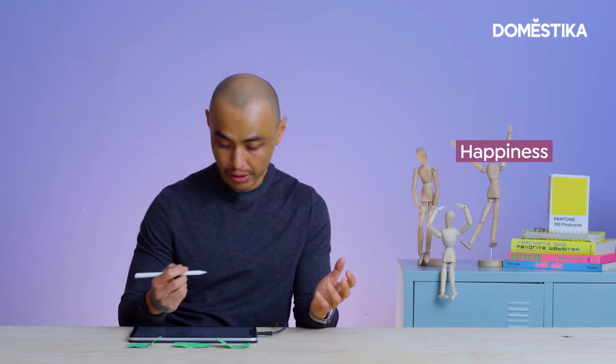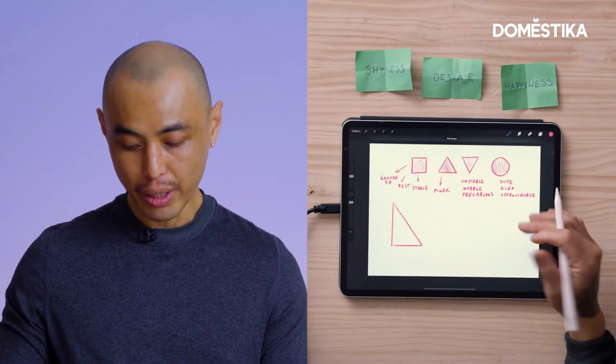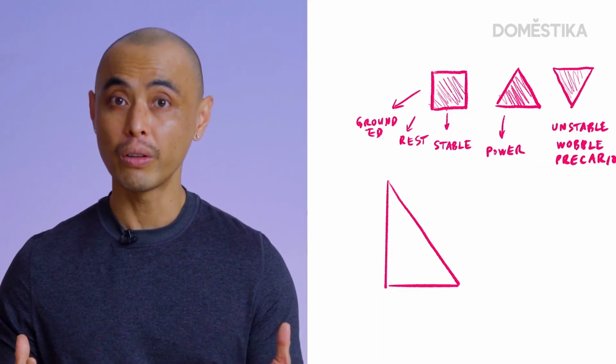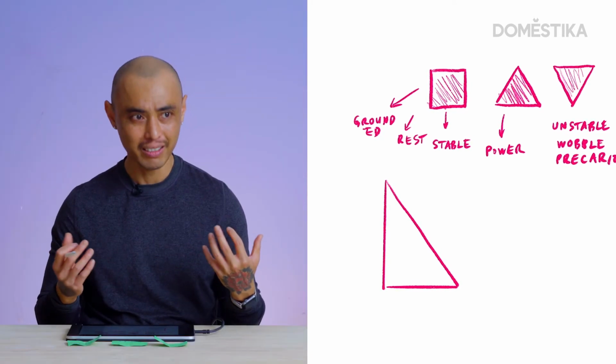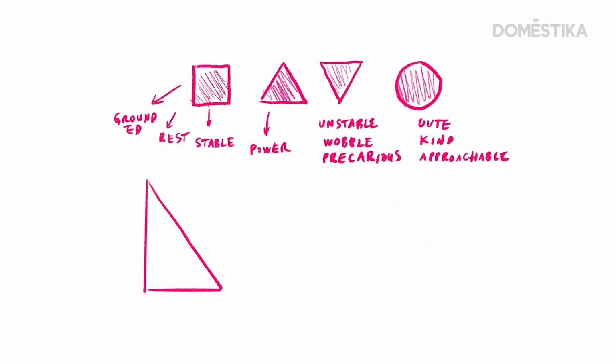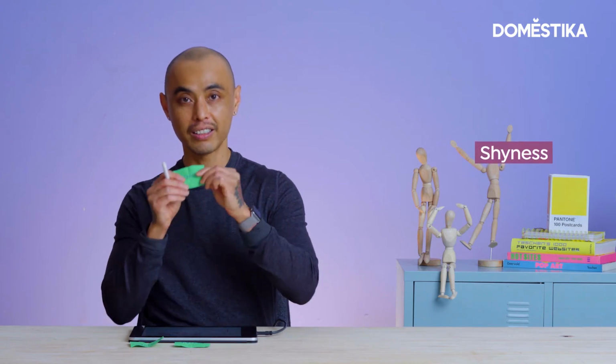Let's begin with happiness, okay? So we're going to start with a triangle. And remember, as I mentioned earlier, this kind of triangle that I've just drawn feels more stable, less precarious, less wobbly, because it's actually resting on the horizontal side of the shape. The next emotion, let's make it shyness, okay?